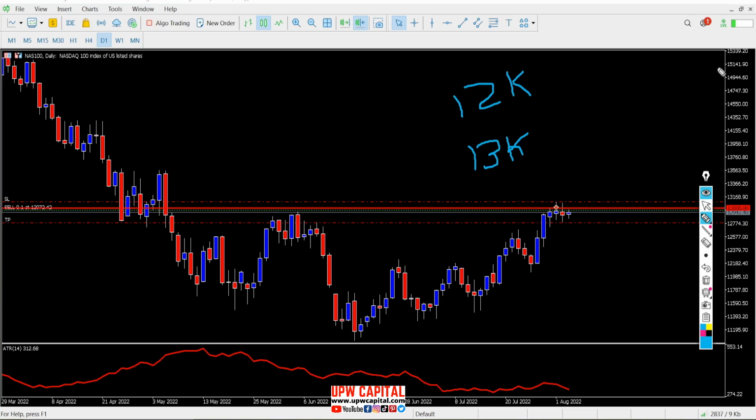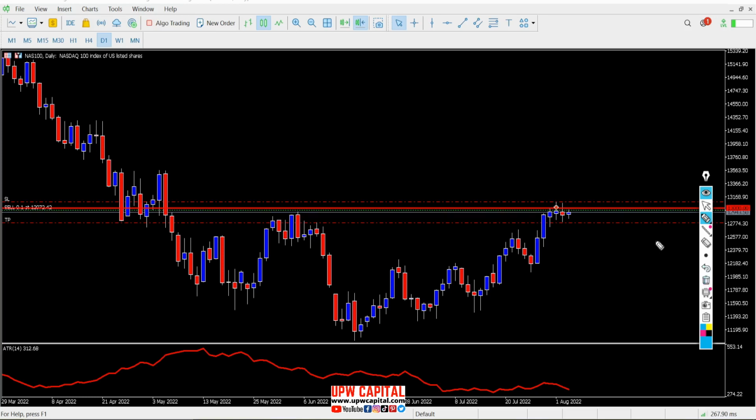And you can even look at higher numbers. You can also look at values to improve your trading, like the 13,500. So we're just going to call it 13.5K. You can look at the 12.5K level, etc.